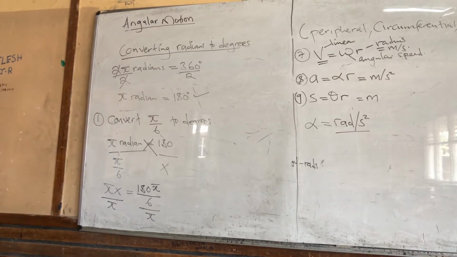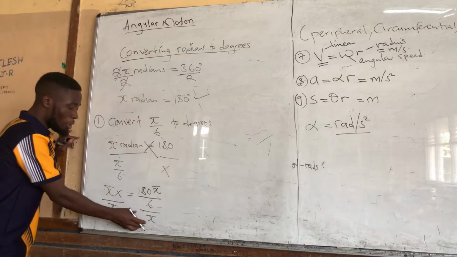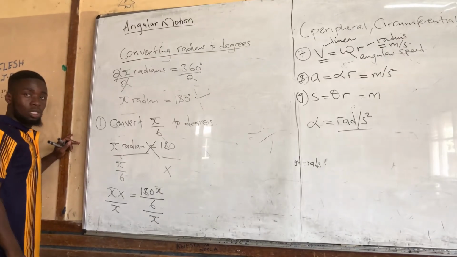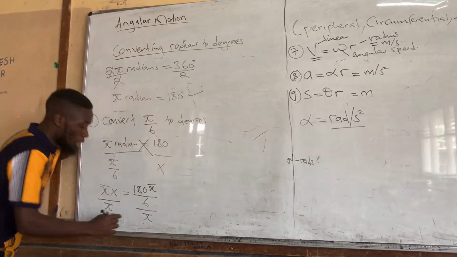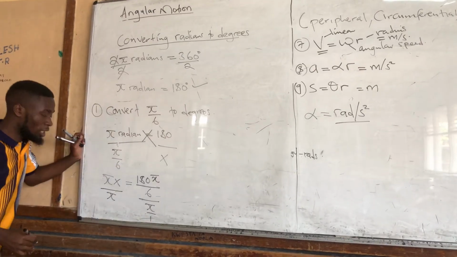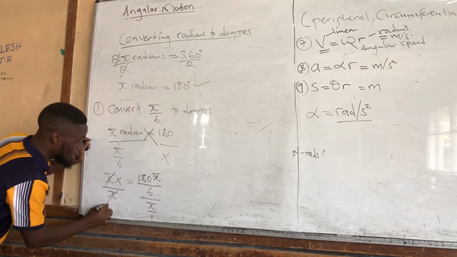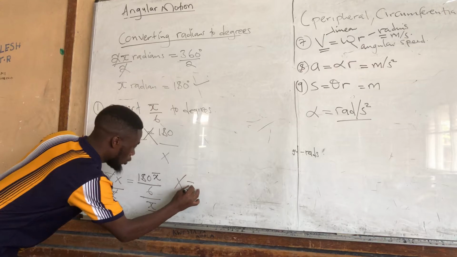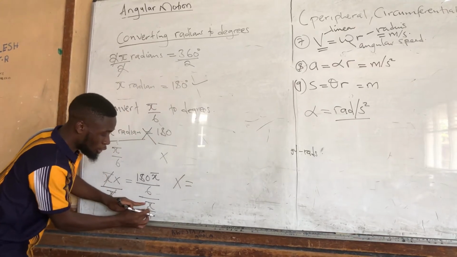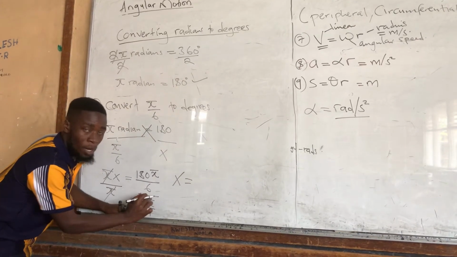Here we know automatically there's a 1 down here, so x and x cancel, giving x is equal to what? If we want to multiply, what was down goes up and what was up goes down.